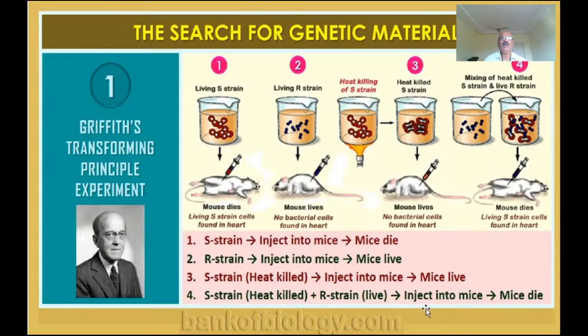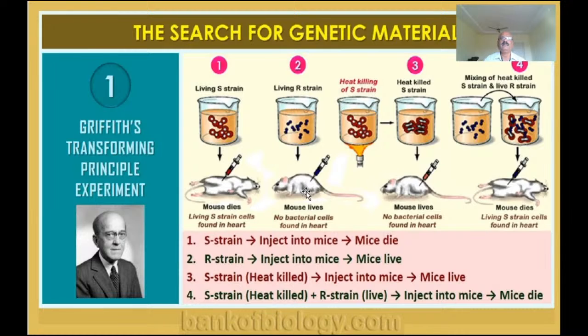In this experiment, living S strain is injected, so the S strain causes pneumonia and the mice die. Here, living R strain, which is avirulent, is injected into mice and does not cause any disease.